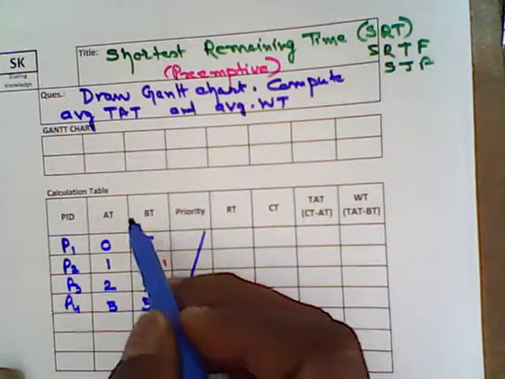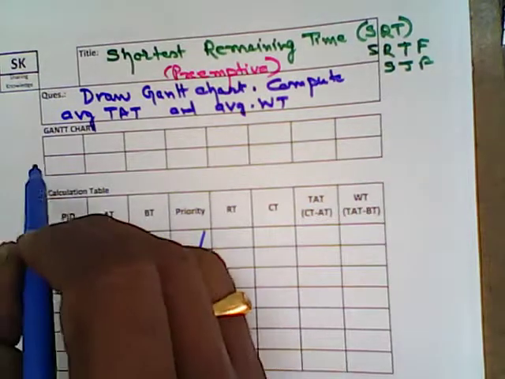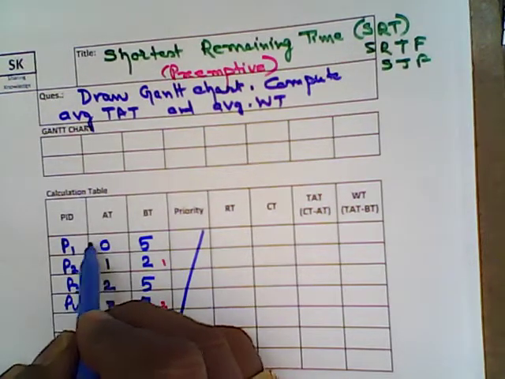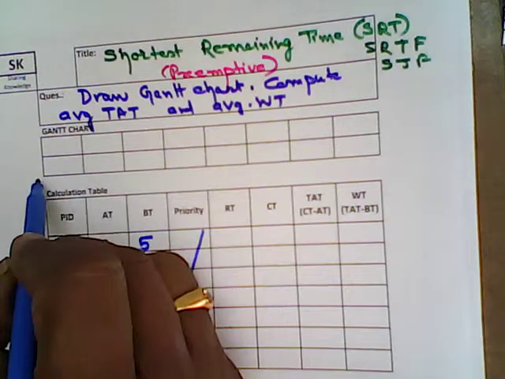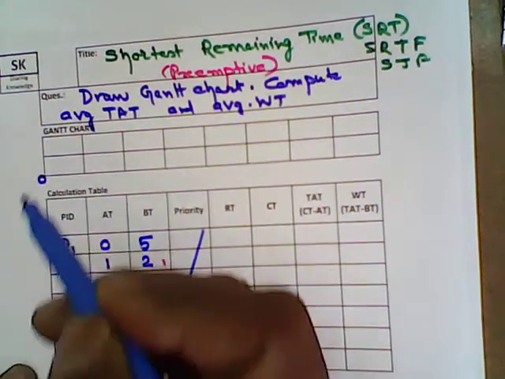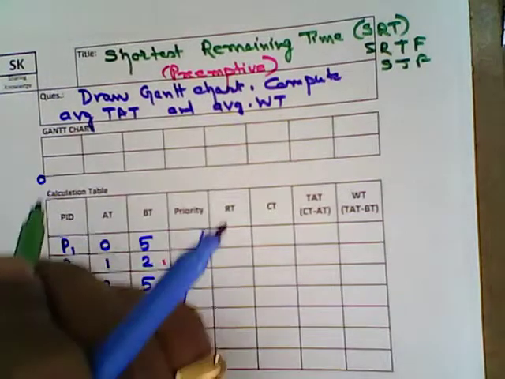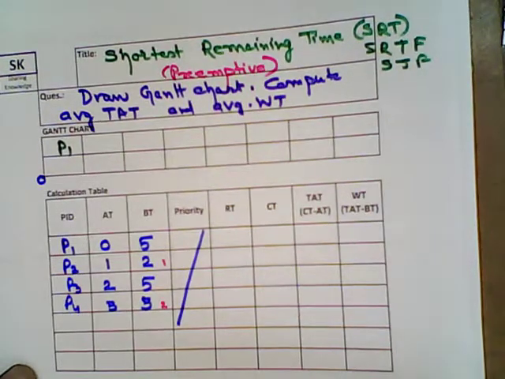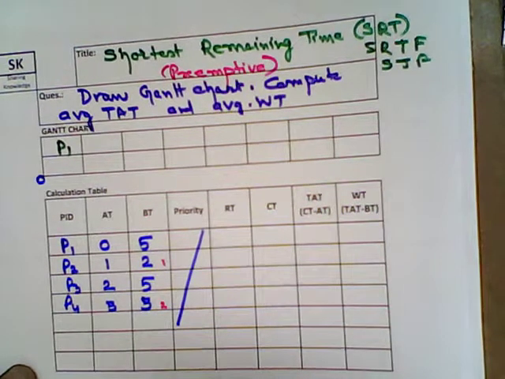Now here let us assume that the arrival time of process P1 is 0. So we consider 0, and here we consider the process P1. Now, how long does this process P1 have to run?